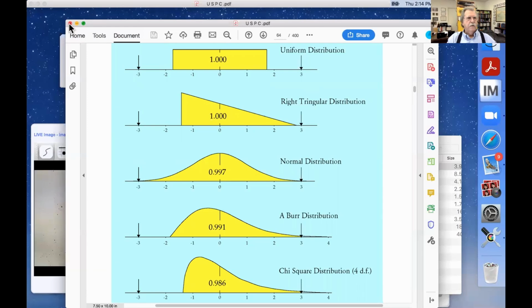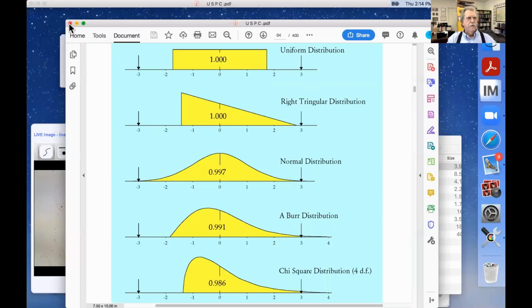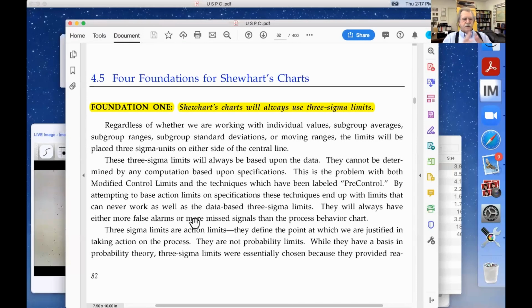So following that thought, there's no real value in using a moving average, moving range chart for non-normally distributed data. That's correct? That's true? Correct. Foundations, page 82.